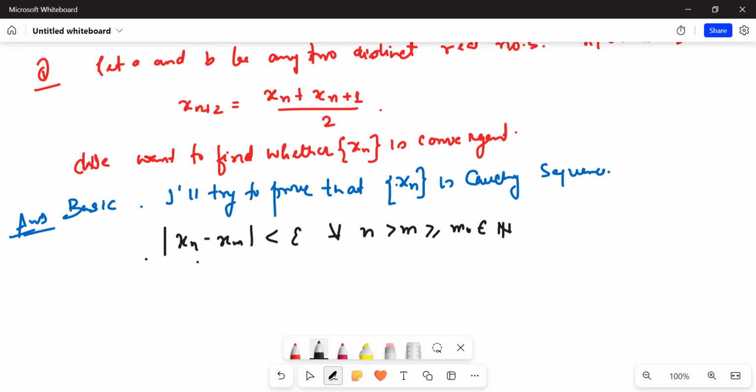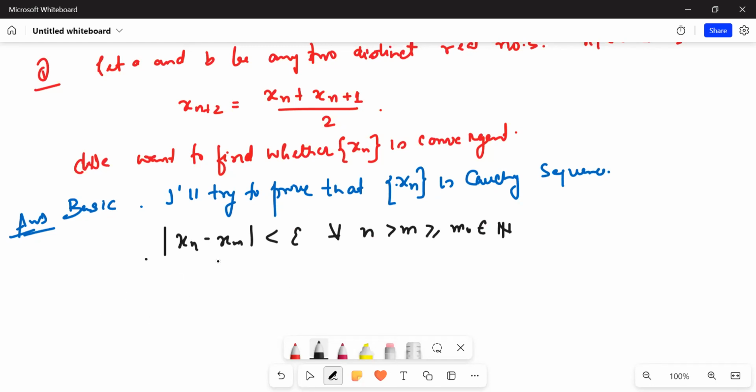So if you can prove that after some positive natural number, the distance between two terms of the sequence can be made less than epsilon, then I say that x(n) is a Cauchy sequence, and Cauchy sequences in R are convergent in R. Is that clear?